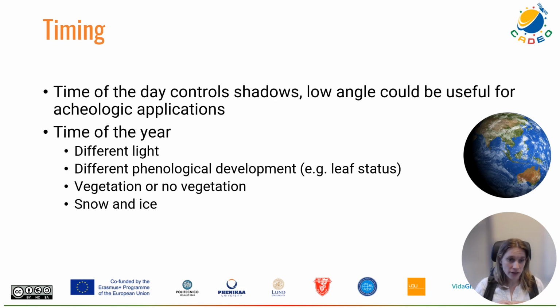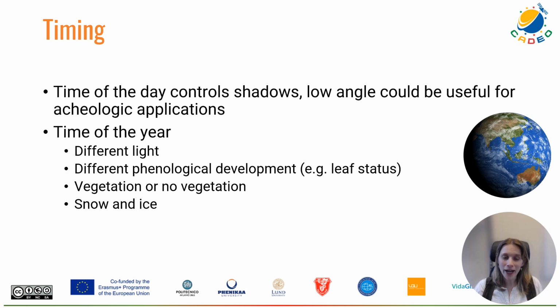The time of the year is also important. It determines how much light you have. You have different phenological developments, for example, the leaf status that I've mentioned before. Time of year also determines if there is vegetation or no vegetation. Maybe the crops are planted but haven't come up yet, or they have come up, then it looks completely different.